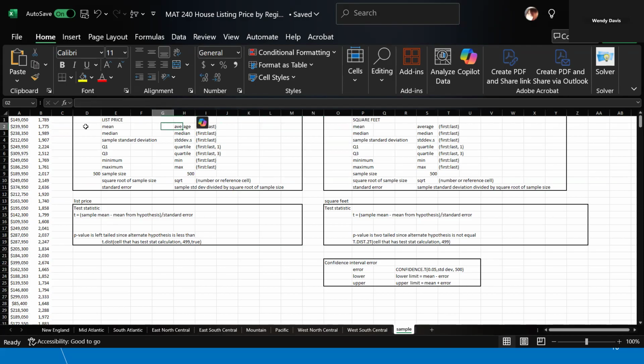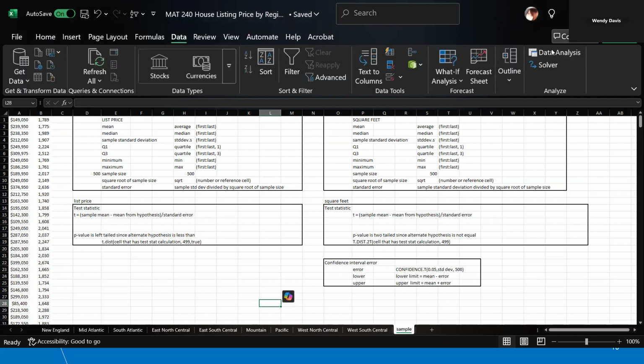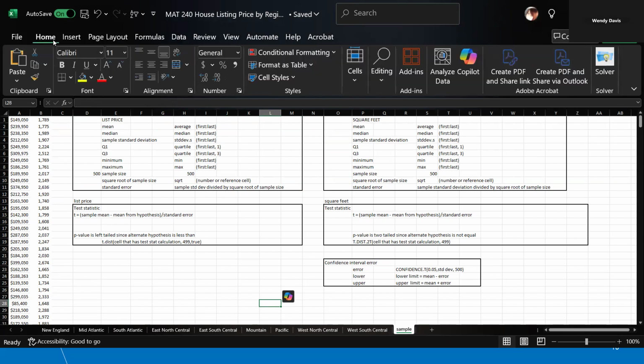So list price, of course, is our numbers in hundreds of thousands of dollars. Now you can use the data analysis tab, but I'm just going to use these formulas, because sometimes students can't get the data analysis, so we'll make sure we know how to do it this way.